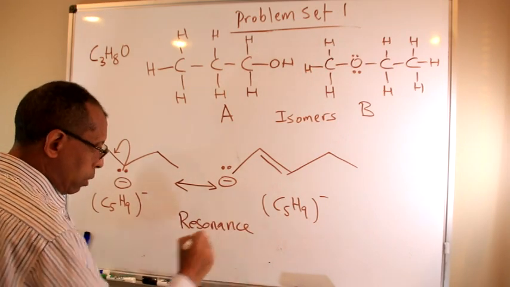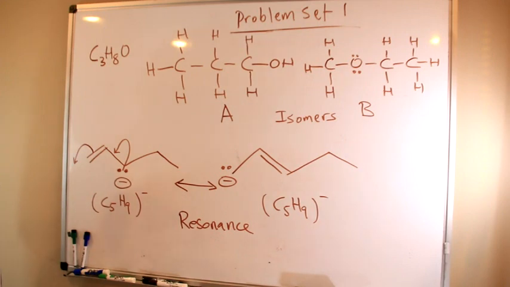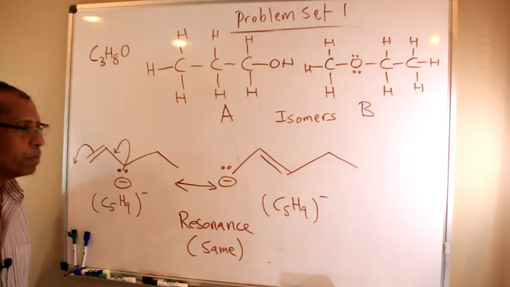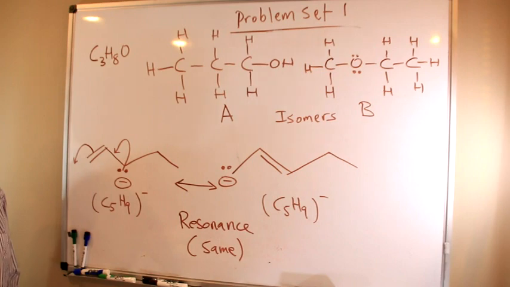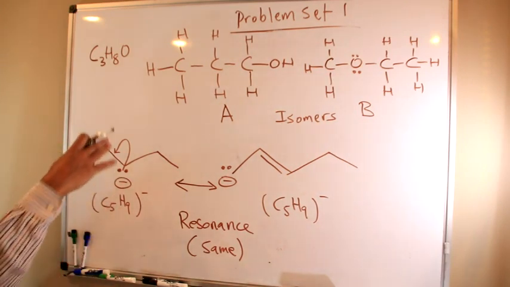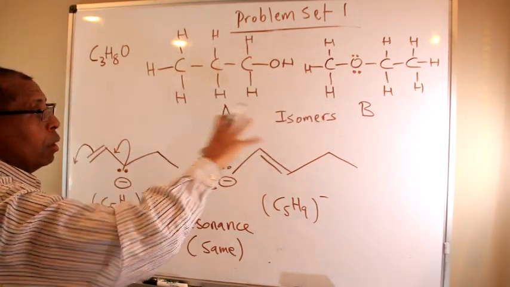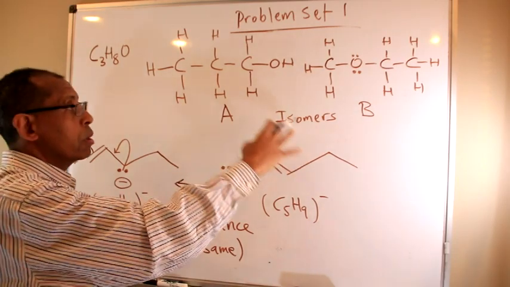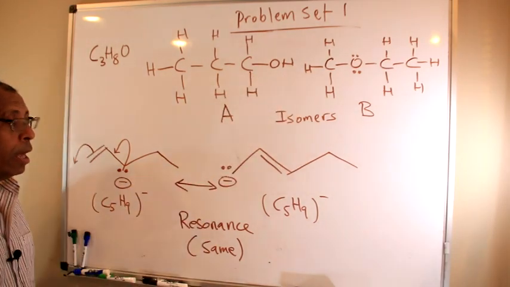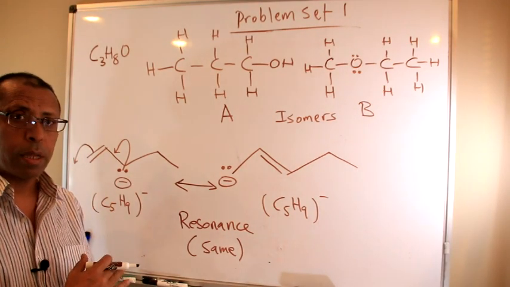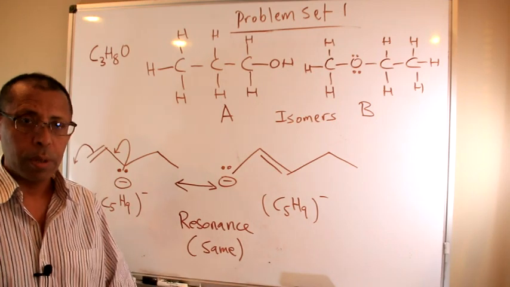The only relationship they have is they are resonance to one another. So same compound, but resonance stabilized. So remember to exercise whenever there are bonding situations where the atoms are not in the same order that you see. Immediately what comes to your mind should be isomers that are constitutional isomers, and immediately when you see a double bond and the double bond has moved somewhere else, immediately you should think of a resonance structure.